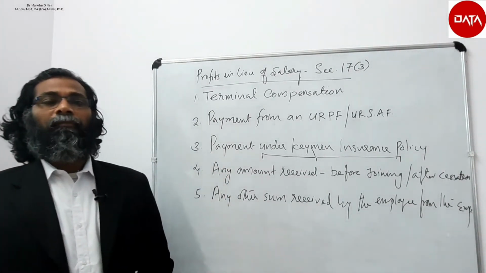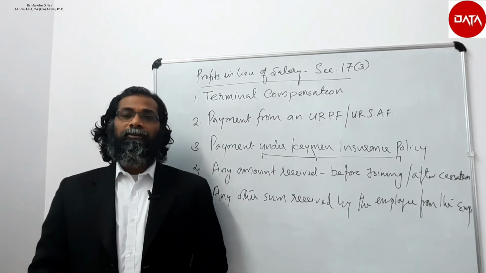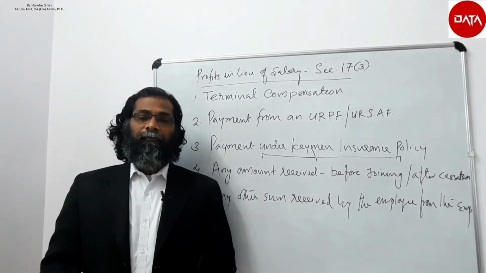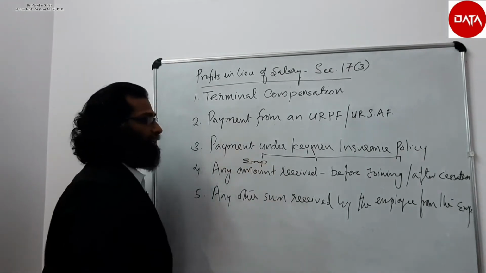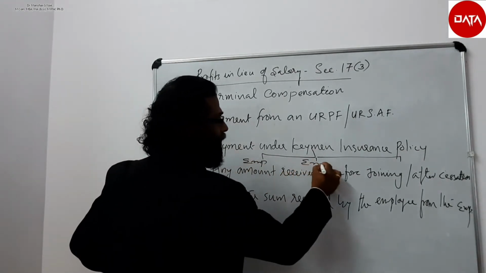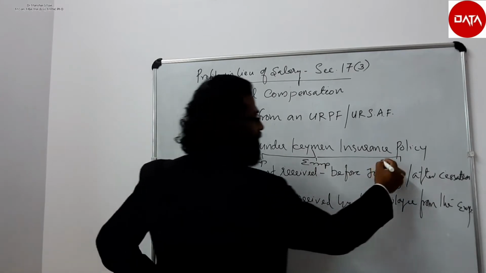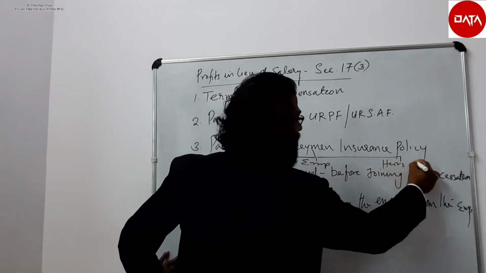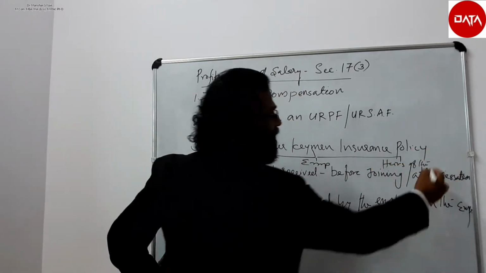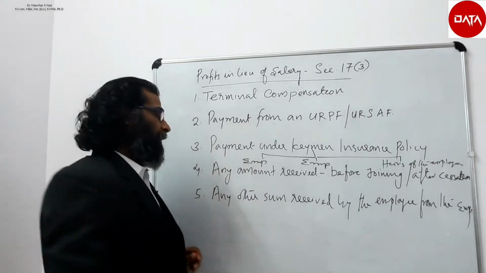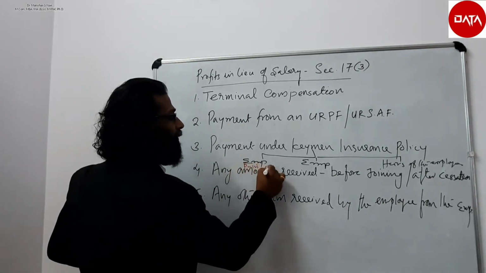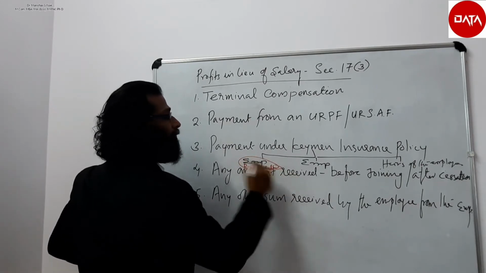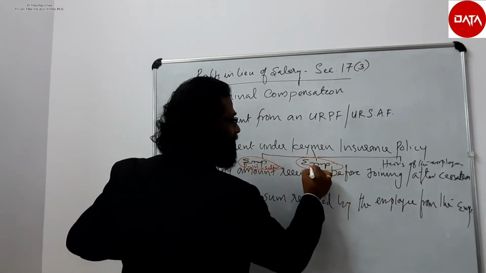At the time of the maturity or the occurrence of the event, sometimes the employee gets the money, sometimes the employer gets the money, sometimes the heirs of the employee get it. If the employee gets the money, then it is said to be profit in lieu of salary. If the employer gets it, it is business income.